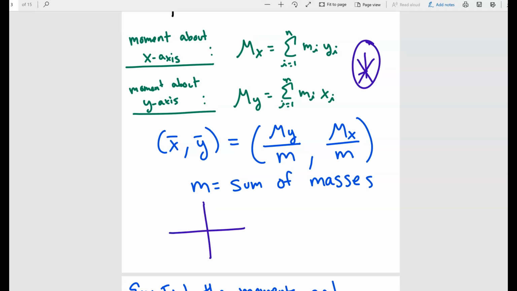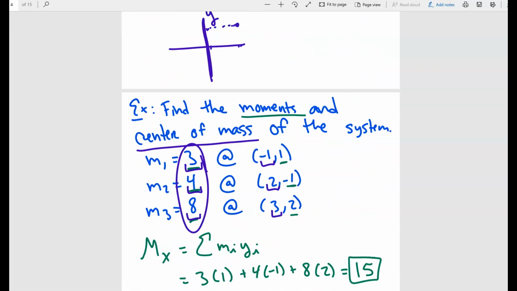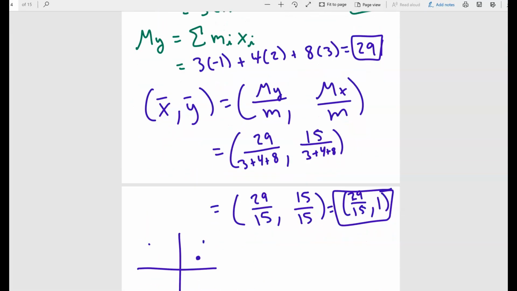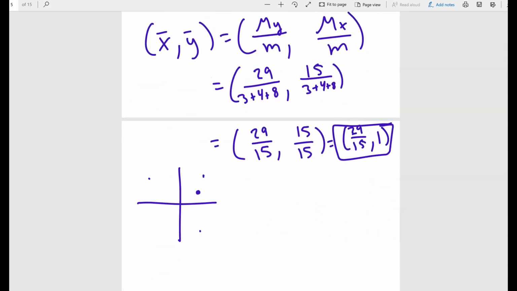If you think about the y-axis being this, and you have some sort of mass right there, then you're talking about the x direction as opposed to the y direction. So here's the y-axis, and you're looking at how far this point is from the y-axis, and you can see that that relates with the x component. All right, and that's basically the first part of center of mass.